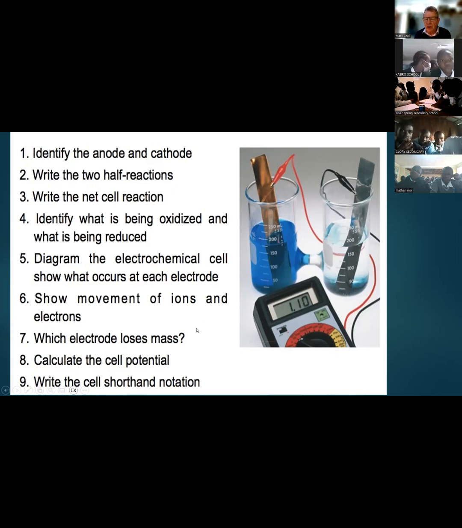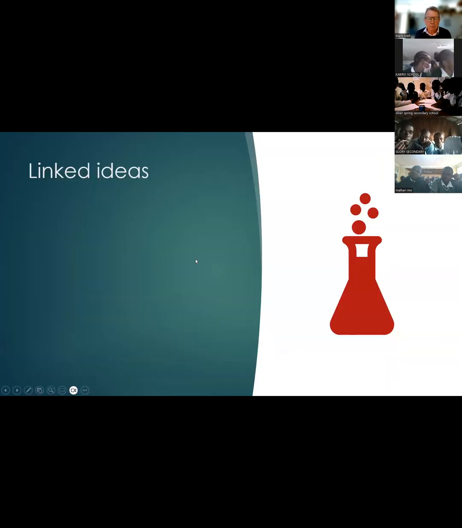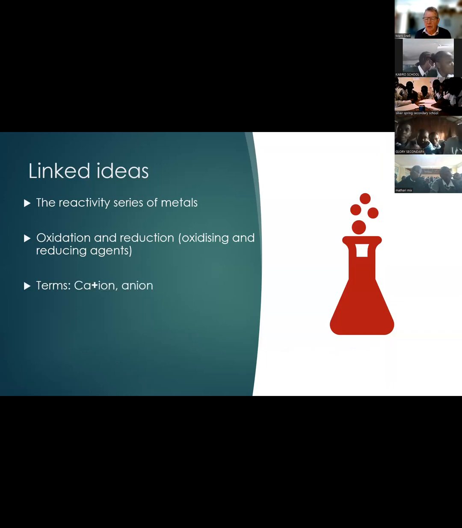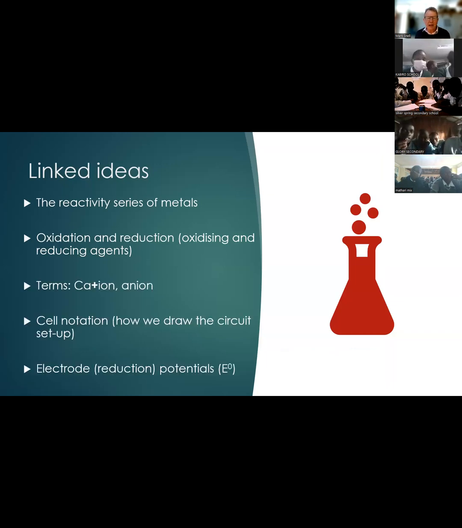Now, we're going to be doing quite a lot of this today. The ideas that you need to know about are these ones. These are all linked to electrochemistry. Don't write them down.